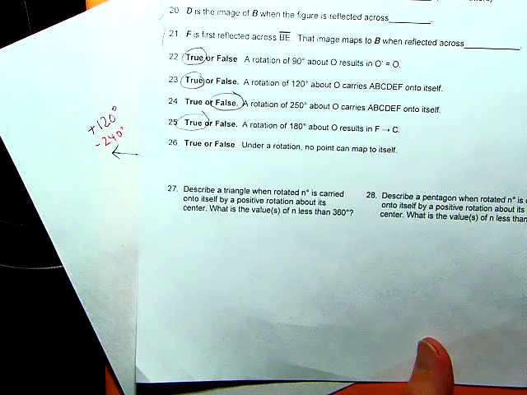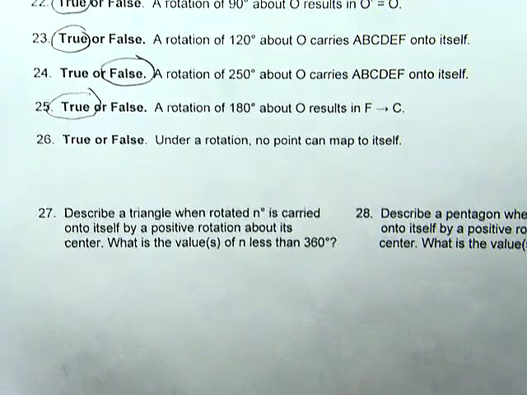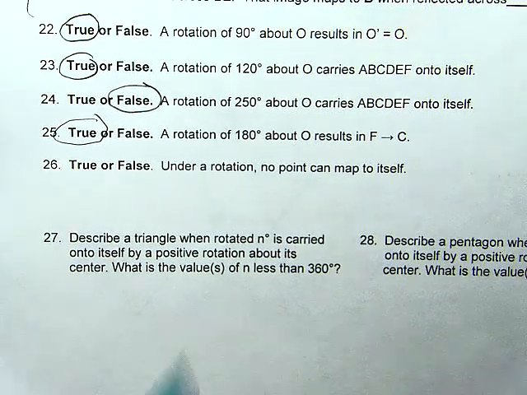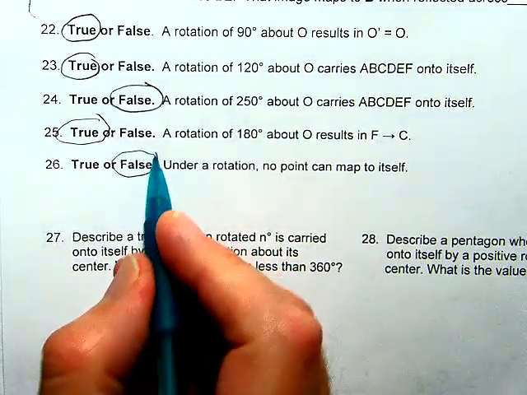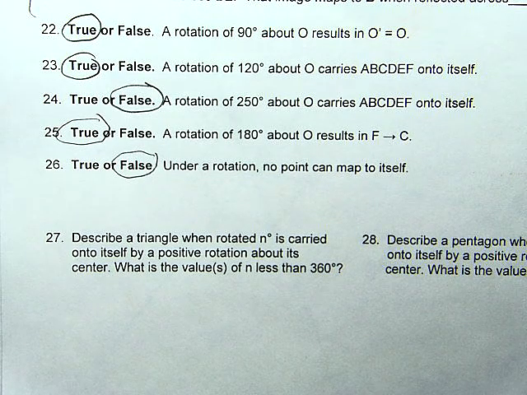And then the last question we really don't need the diagram for. Under a rotation, no point can map into itself. Well, we know that's false, right? We've already said over and over that the center point always maps into itself. But it's the only point that maps into itself.